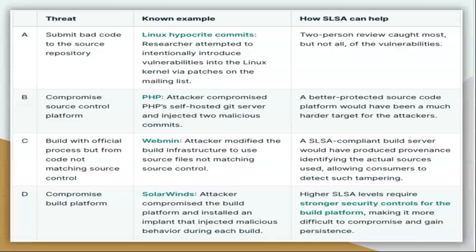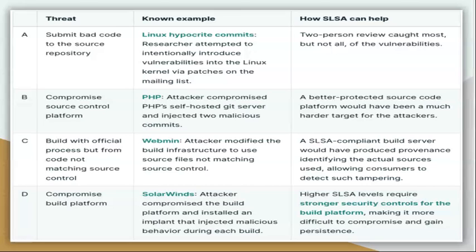Next is a build with an official process, but from code not matching the source control. In this case, this is with Webmin. The attacker modified the build infrastructure to use source files which did not match the source control. This is an important part to understand: the build infrastructure is mostly your Jenkins server, the GitLab server, and there are many more.